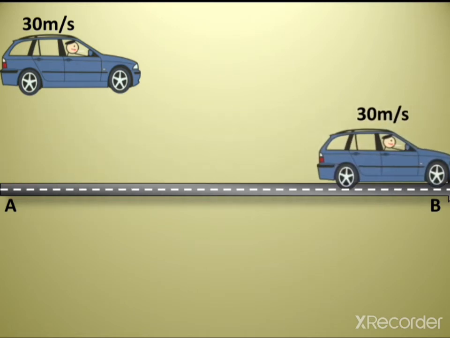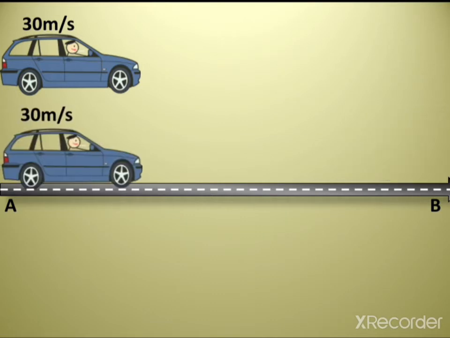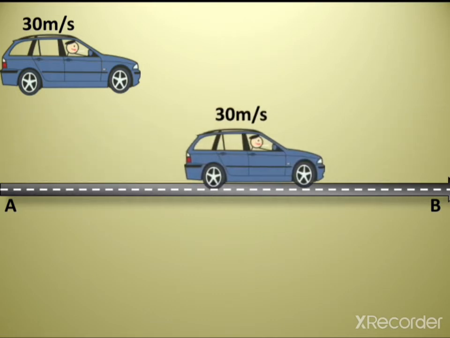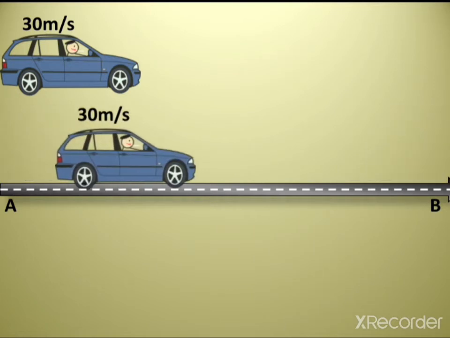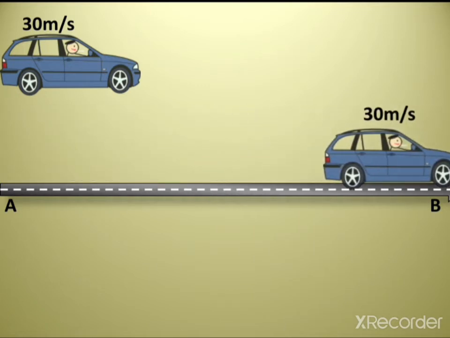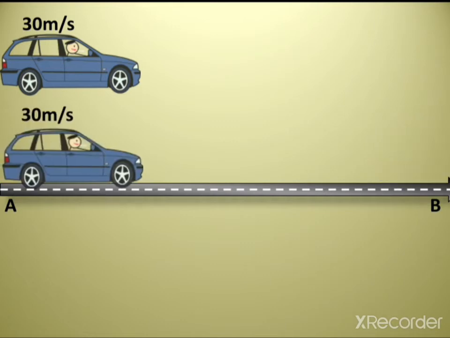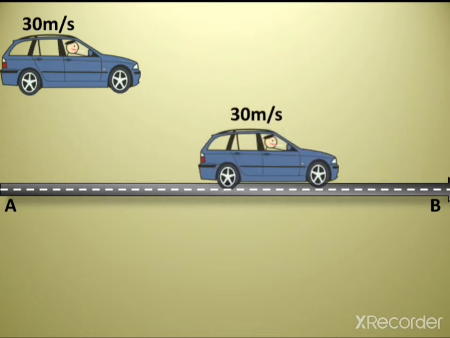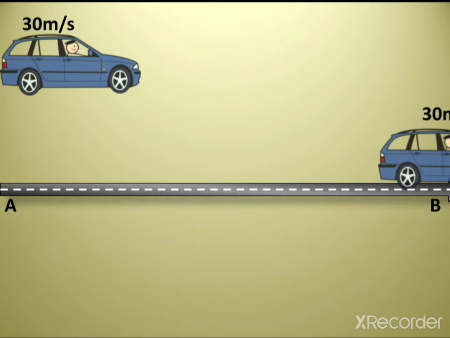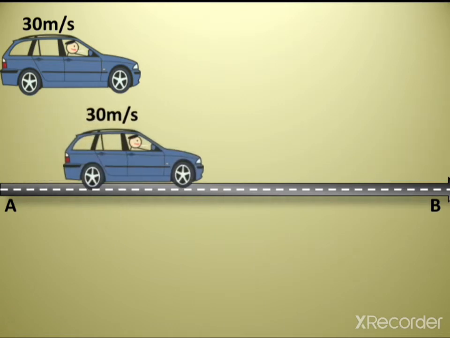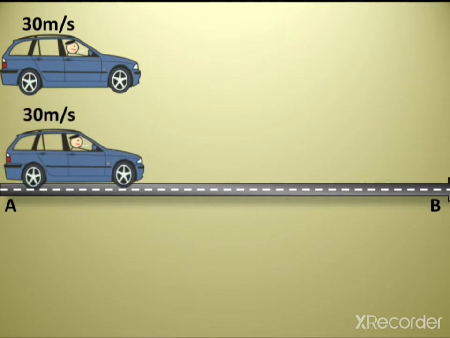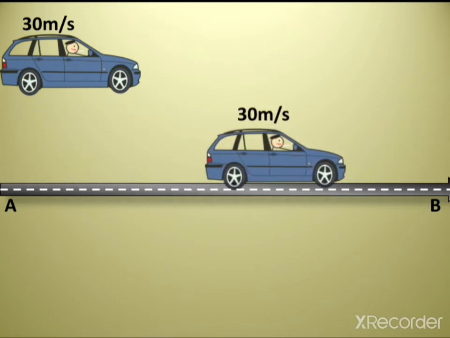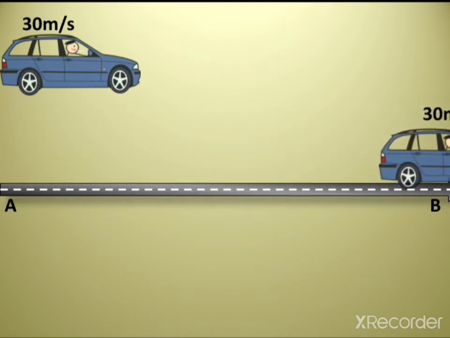So distance is the total path length covered by the moving body during its journey. It is not associated with information about the direction. Therefore, distance is a scalar quantity.